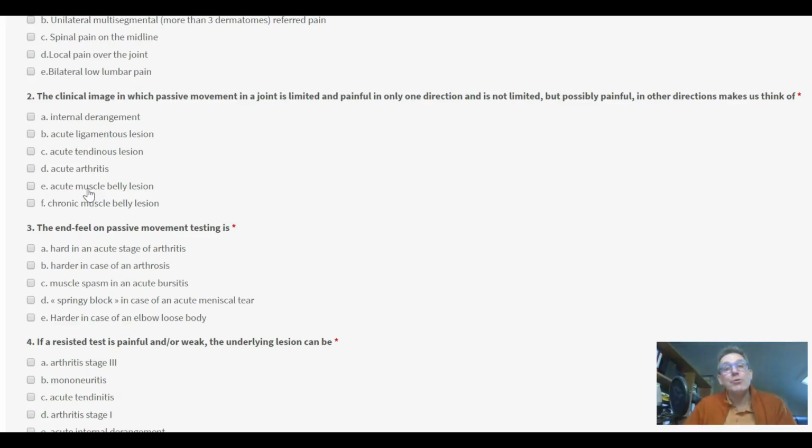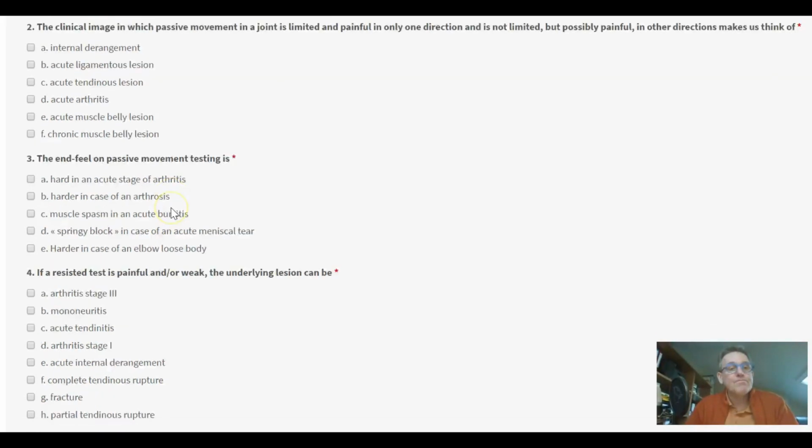So an acute muscle belly lesion very often gives limitation of passive movement in a certain direction because of the muscle spasm. Chronic muscle belly lesion, no. There is no limitation of movement. Certain passive movements could be painful, but there is no limitation of movement.